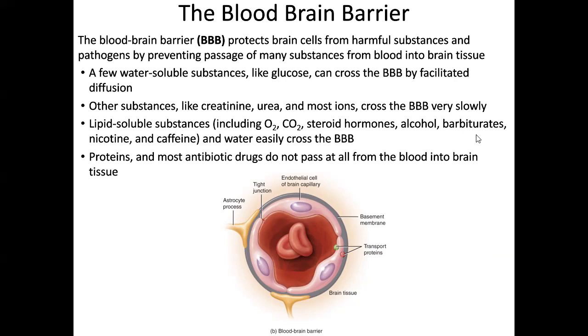You might not recognize what we call barbiturates. Barbiturates was a class of drugs that were prescribed, not so much anymore. It was quite a while ago, a couple decades ago, on a pretty regular basis to treat a lot of different mental health issues, things like seizures and anxiety.